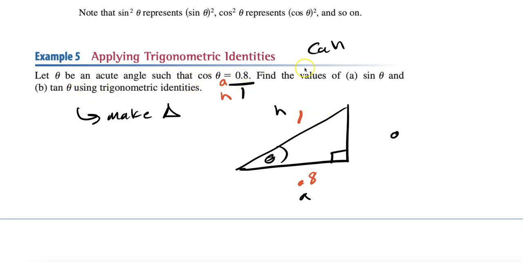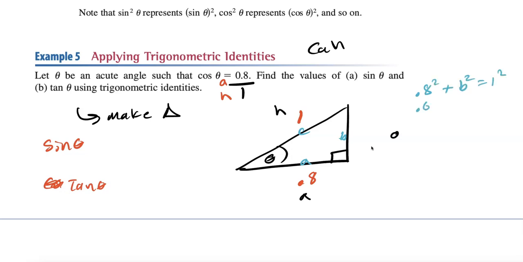So I need to find sine of the angle and tan of the angle. Well, sine is just opposite over hypotenuse. Only problem is I don't have opposite. Well, we could find that. This is just Pythagorean theorem again. So we're going to do 0.8 squared plus b squared equals 1 squared.